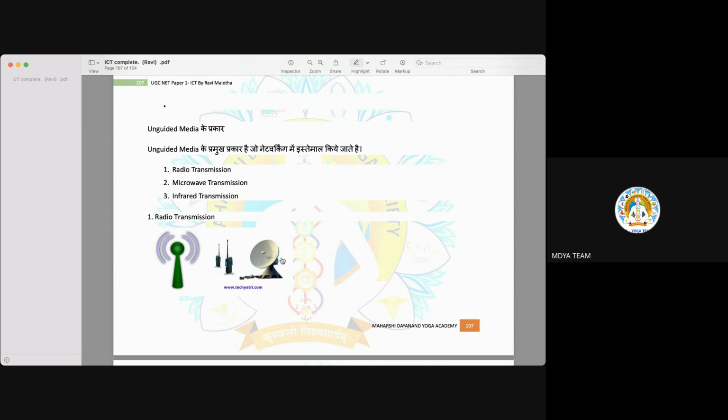Your device has an antenna, and the signal gets transmitted and captured by a larger group of antennas, and a dish is used in case of satellite communication. That way the computers or any other systems interact and communicate with each other using the unguided transmission media.